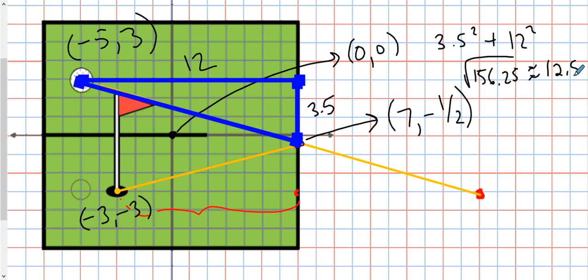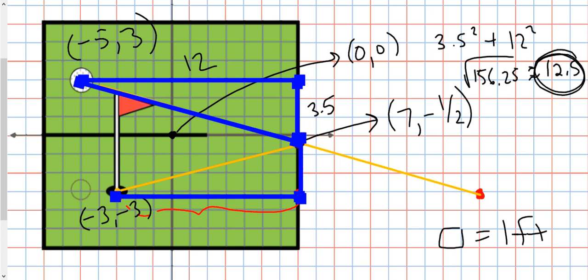Now remember, in this case, it's 12 and a half feet. Every one of these little squares here is equal to 1 foot. So that first part is 12 and a half feet. Now for the second part of our distance formula calculation, we're just going to do the last part of the triangle down here and find that distance.